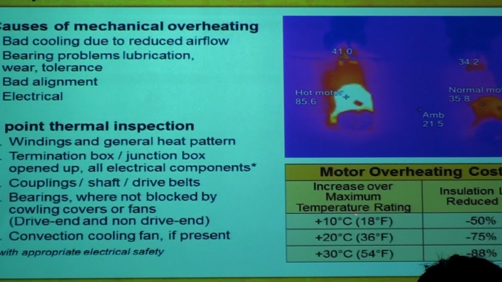And typically, if your maximum surface temperature is increased by 10 degrees more than what the motor is specified for, I have immediately lost 50% of my insulation. So if the motor is rated at 40 degrees, every motor on the nameplate will have an operating temperature.